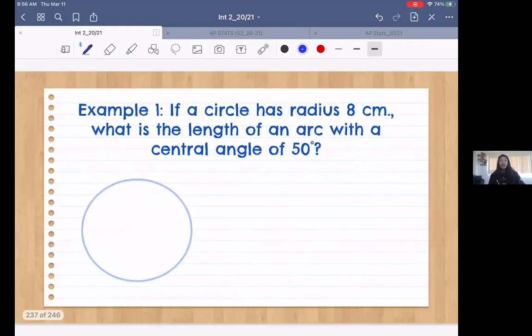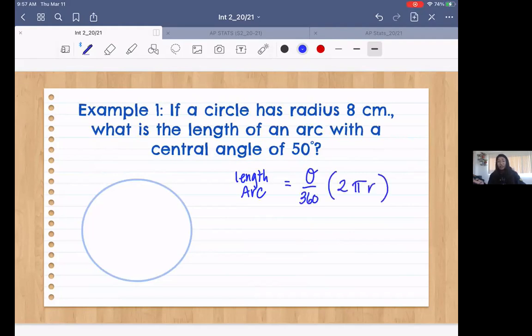If a circle has a radius of 8 centimeters, what is the length of the arc with a central angle of 50 degrees? So I have to go back to the formula just to make sure I know what my equation is. But in general, length of the arc, or you can call it arc length, is going to equal theta over 360 times 2 pi r.